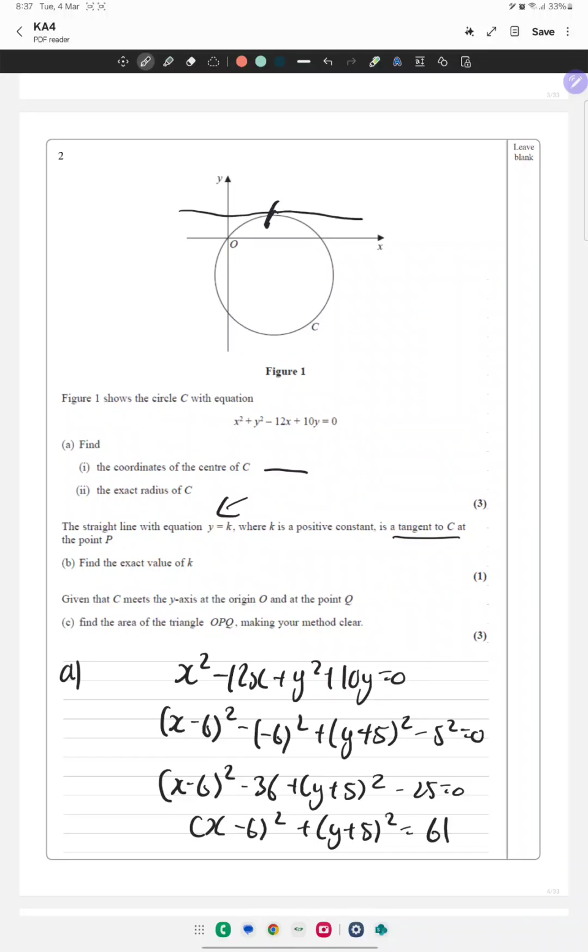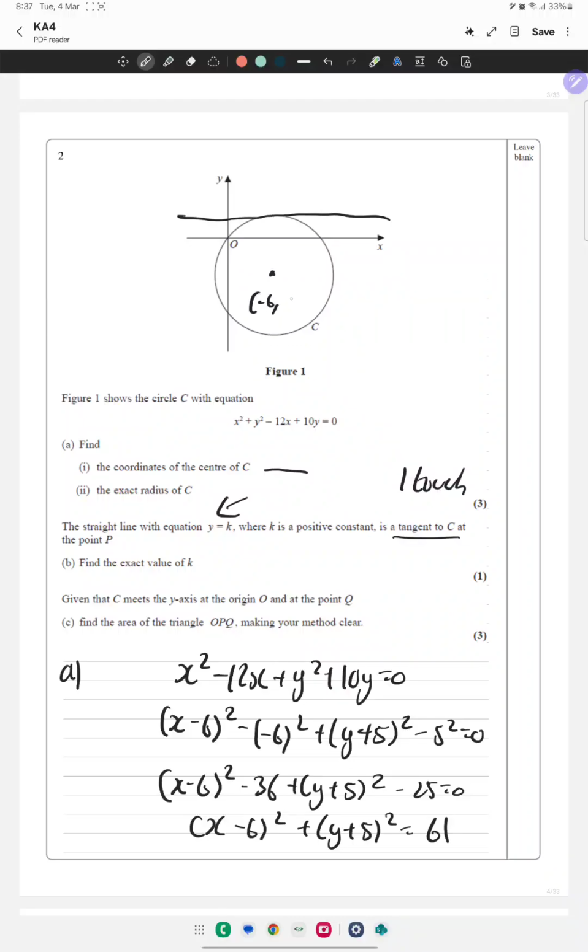Let's pretend that that touches. There you go. Nice line. Now, we need to work out this, where this is going to be. Now, we know where our centre is.